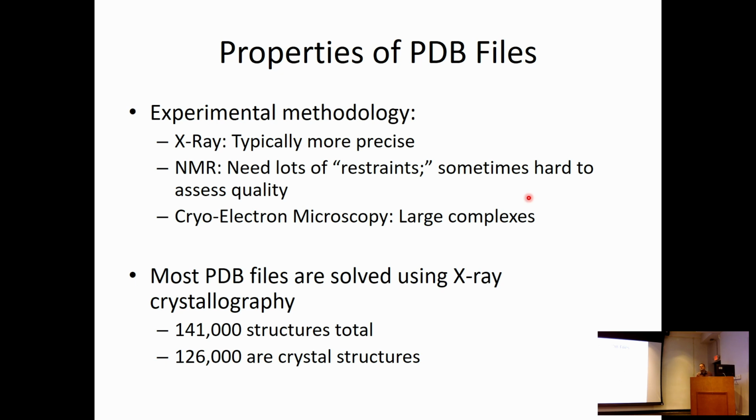The main two are protein crystal structures, or X-ray crystallography, and NMR structures. Historically, those have been the dominant ones. Honestly, crystal structures are by far and away the most numerous structures in the Protein Data Bank. They outnumber NMR structures, I think, by about 10 to 1.